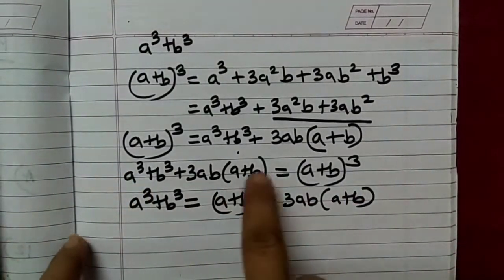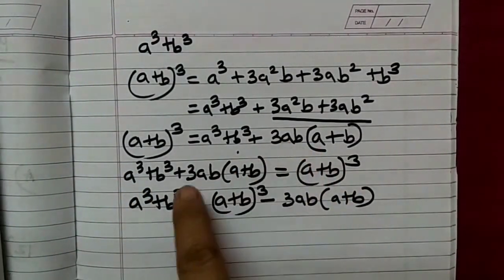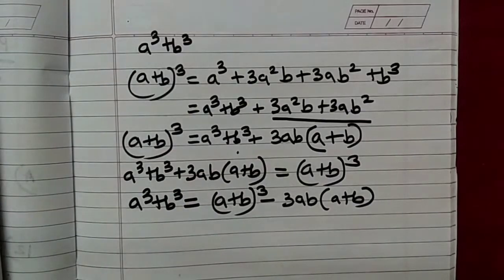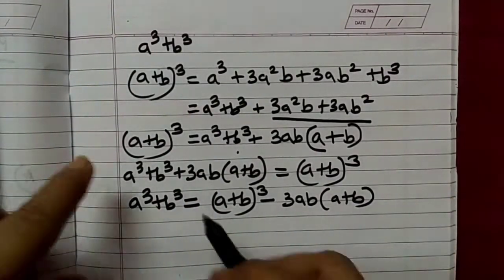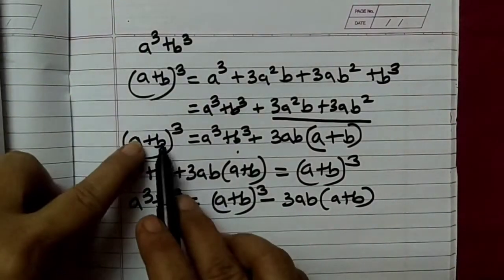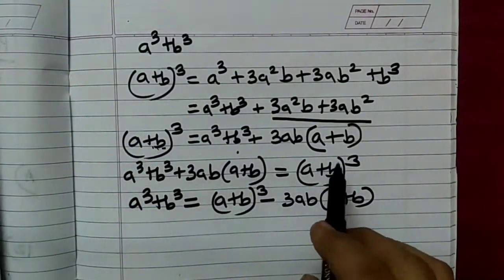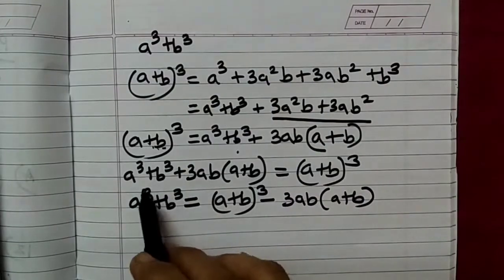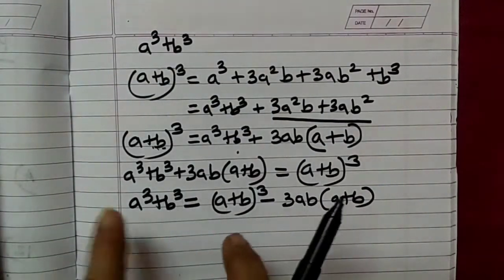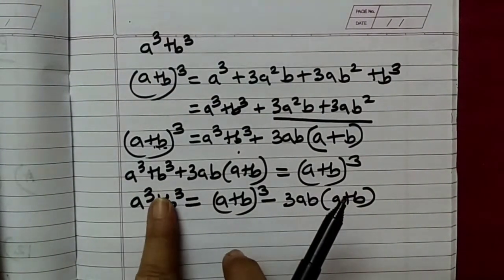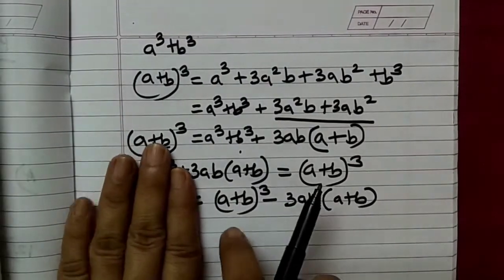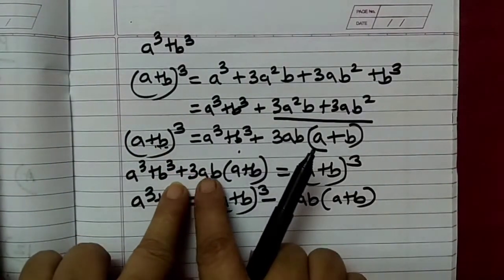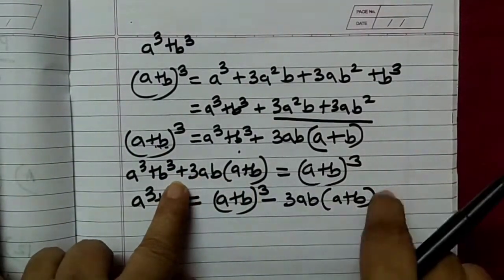Properly understand what I have done over here. First I just shifted the right hand side term to the left hand side, and the left hand side term to the right hand side. After that I kept the a cube plus b cube here only, and this whole part plus 3ab into (a plus b) I shifted to the other side.